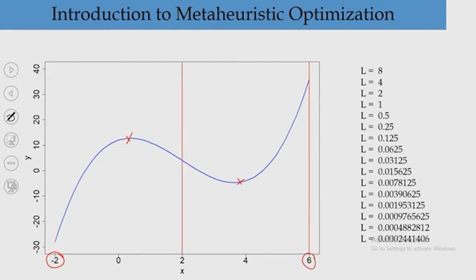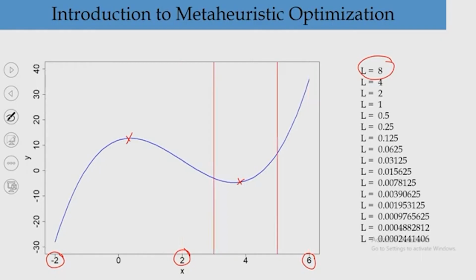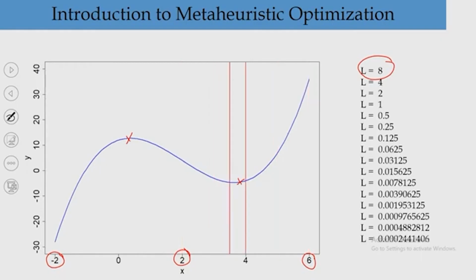Initially, lower bound is -2, upper bound is 6 and length is 8. Then after one iteration, I am getting 2 and 6.